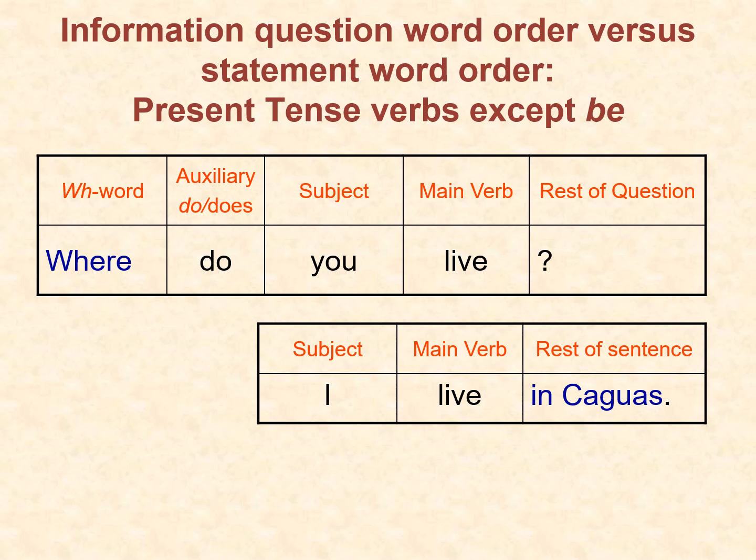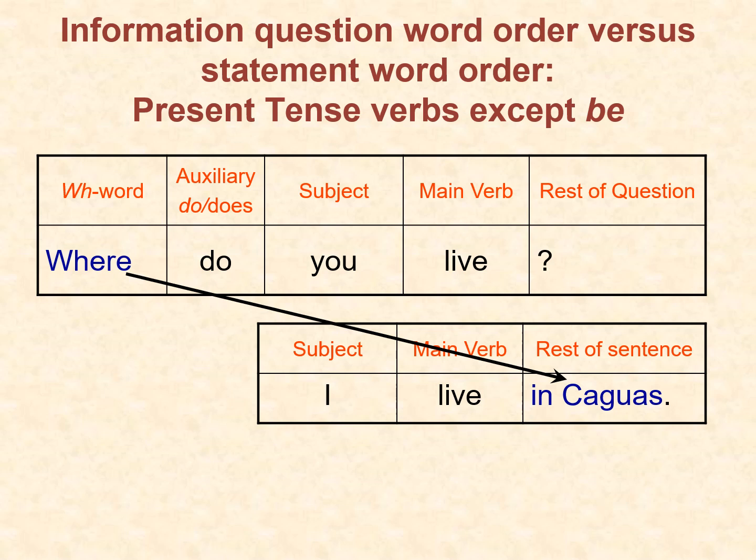Another example of an information question and a statement or answer. Where do you live? We get the WH word where, then we get the auxiliary do, the subject you, the verb live, and there's nothing else in the sentence. In the statement or answer, we get I, the verb live, and then the information in Caguas.